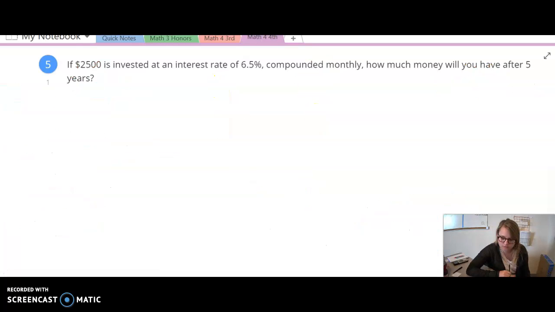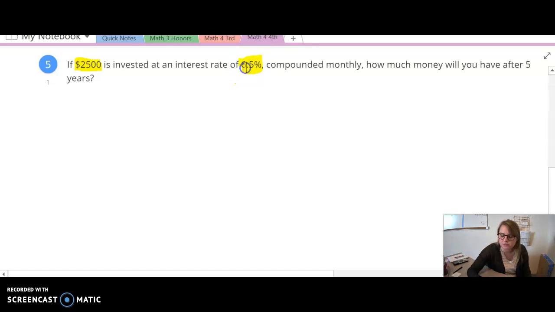Alright, so now let's move on to applications. If $2,500 is invested at an interest rate of 6.5% compounded monthly, how much money will you have after 5 years? So 2,500 is a very important part, so I'm underlining it.